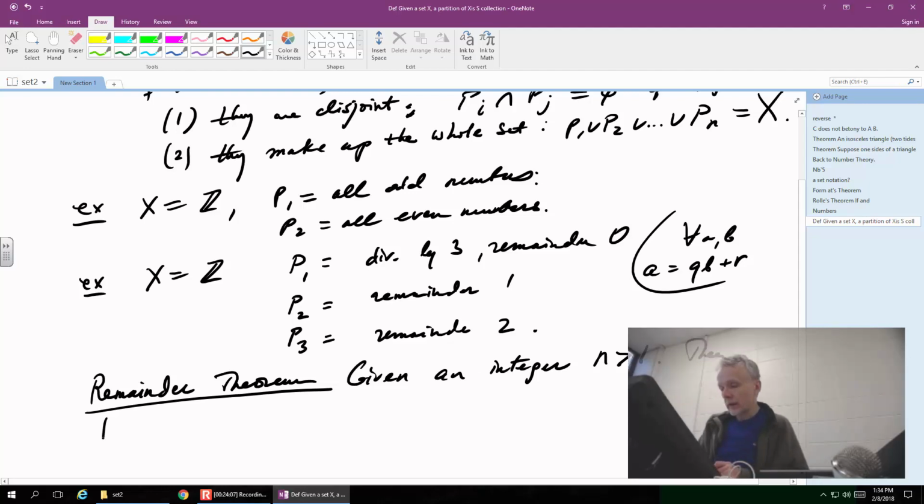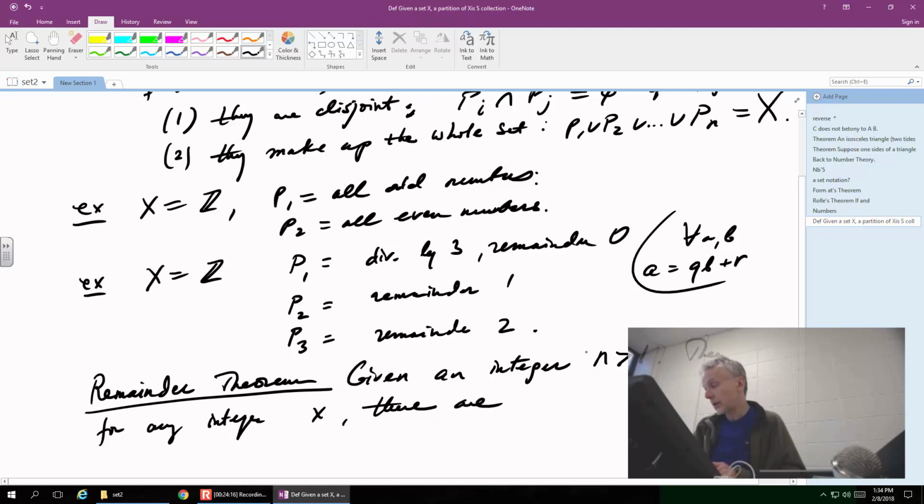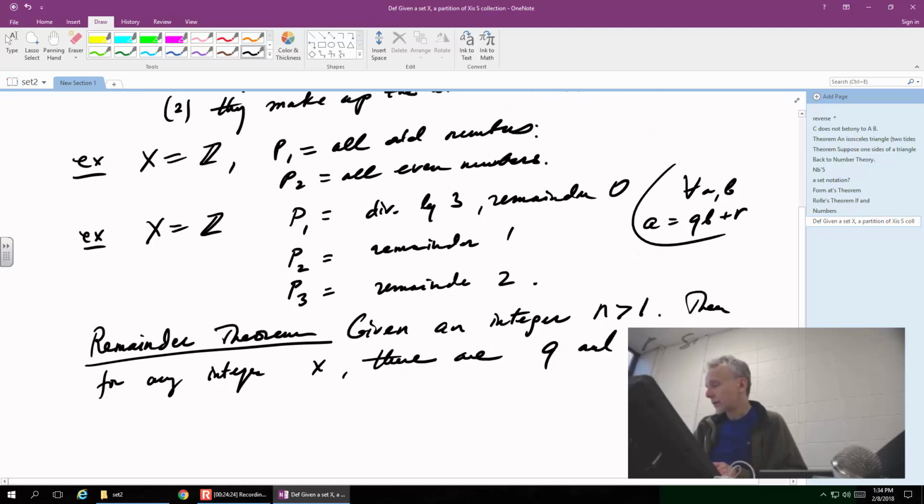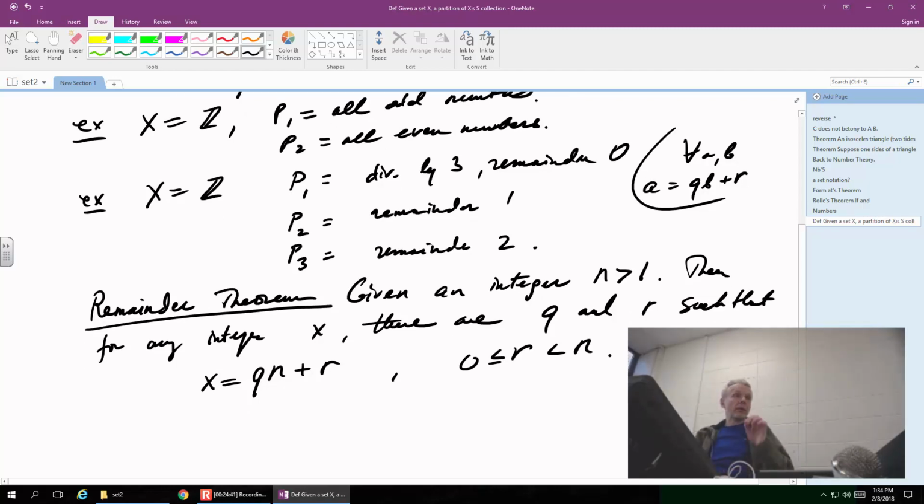Then for any integer x, there are q and r, the quotient and remainder, such that x is equal to qn plus r, and r between 0 and n. That's roughly what we stated. We proved it with the Euclidean algorithm. There is an important part missing for our purposes.